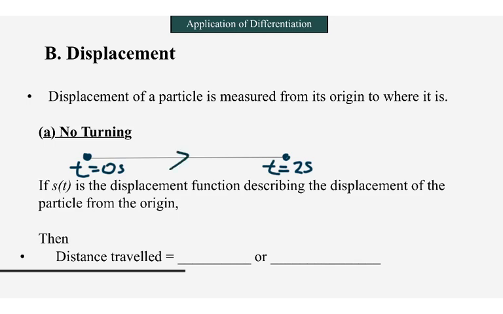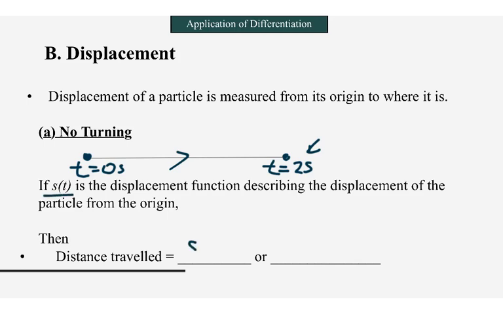And at that instant, it will be t equals 2 seconds. So as you can see here, from t equals 0 seconds to t equals 2 seconds, there is no turning. If s with respect to t is the displacement function which describes the displacement of the particle from the origin, the distance traveled is found by simply substituting the value t equals 2 in the function of s.